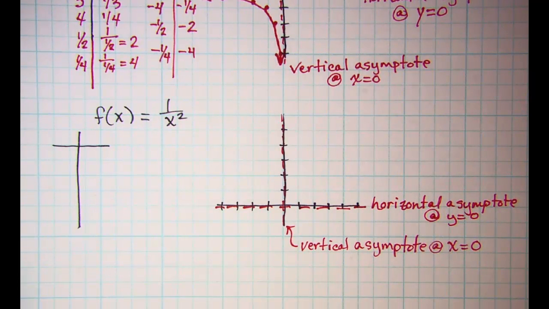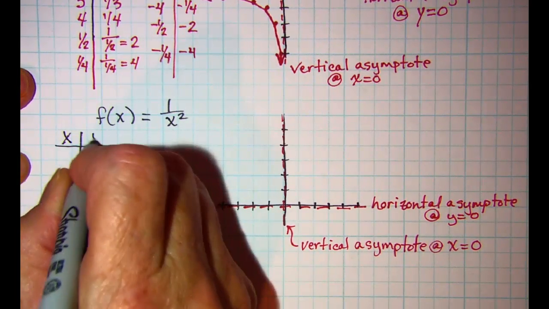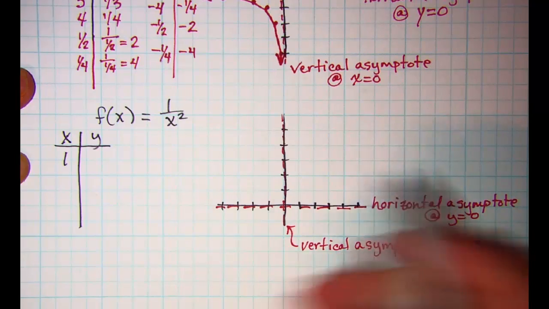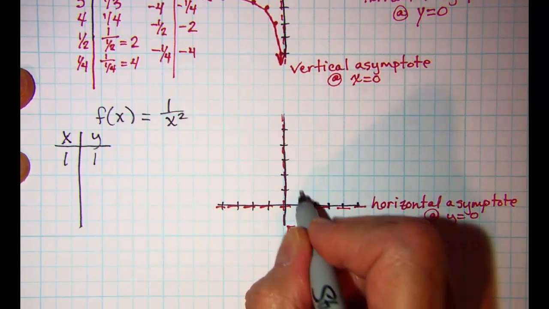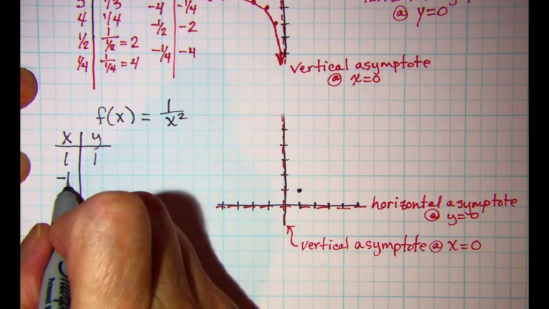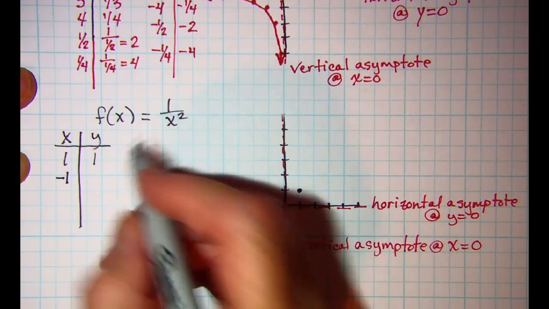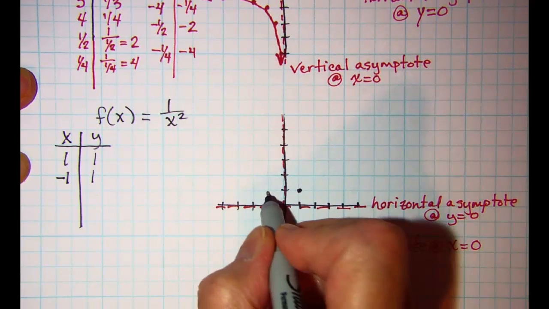Now let's look at some numbers. When x is 1, y is 1. When x is negative 1, we have 1 over negative 1 squared, and so that's also going to be equal to 1.